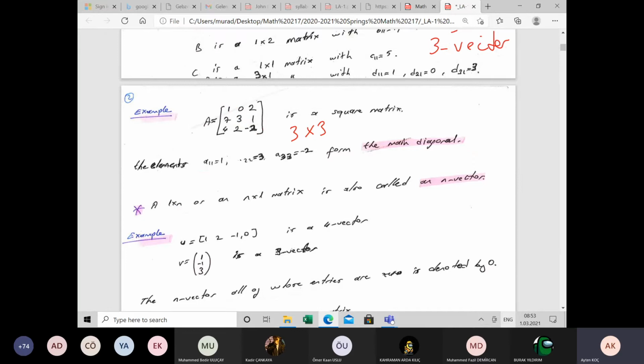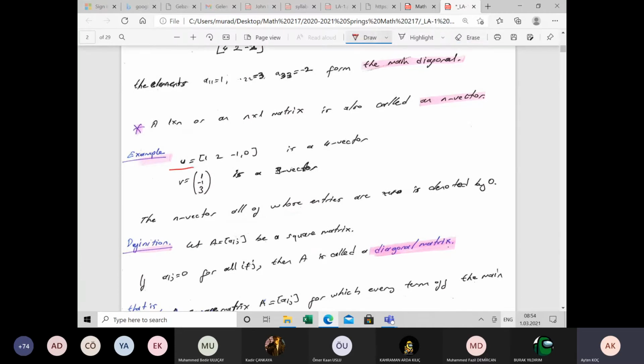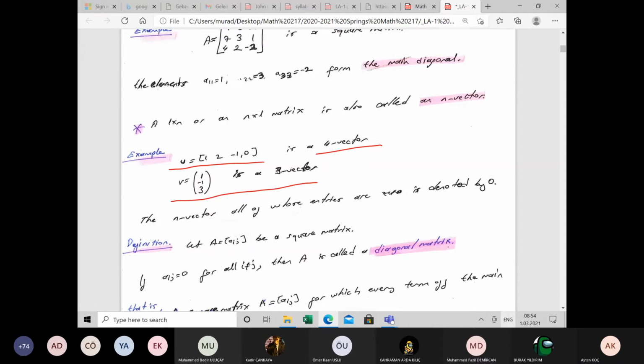Look at the next example, U. This one is a matrix and also a vector, a 4 vector. And this one is a vector, a 3 vector. It's okay.